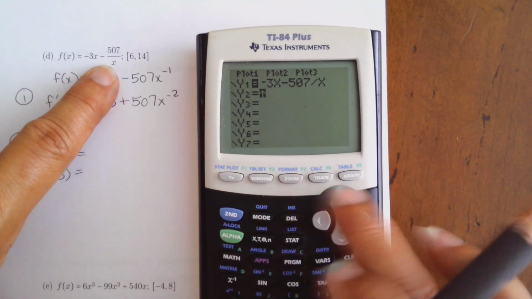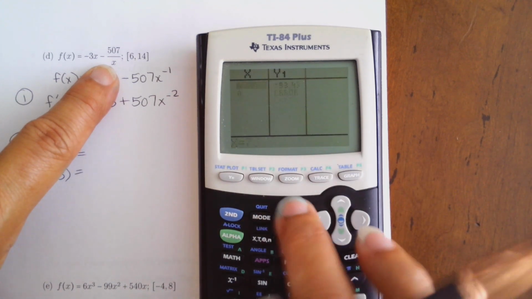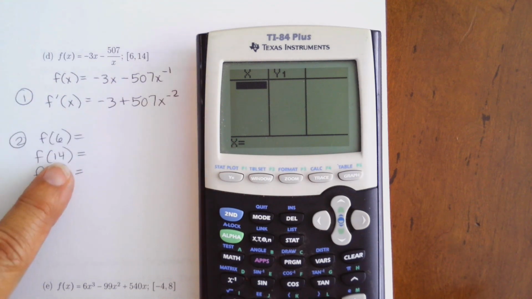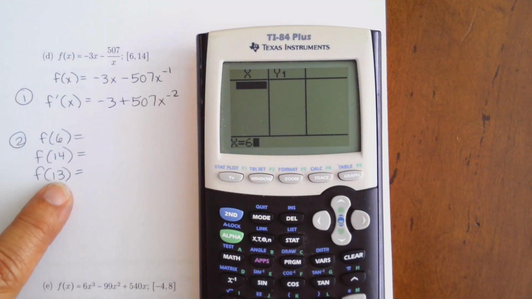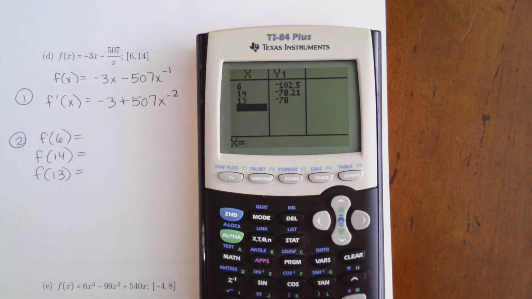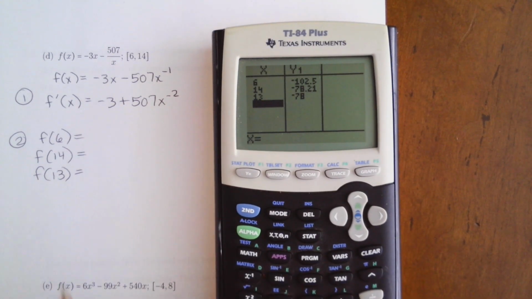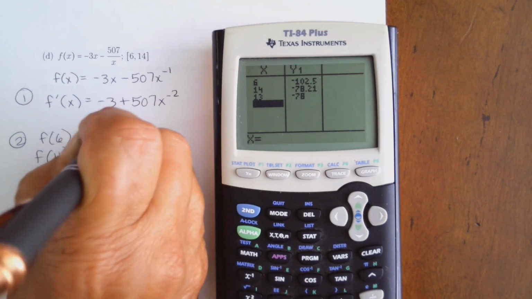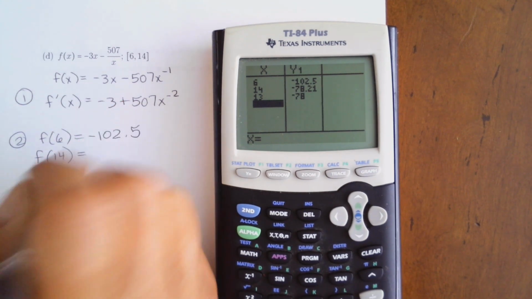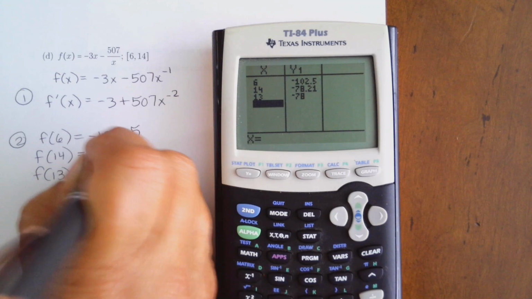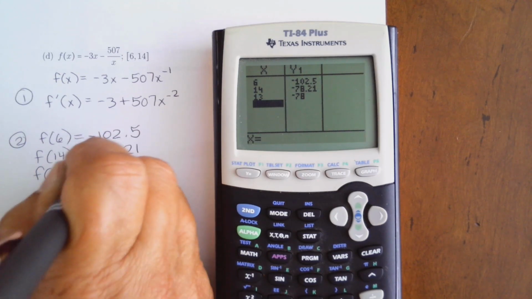All right, we're going to go to the table, delete out the old numbers, and put in the new numbers, 6, 14, 13. All right, so we got negative 102.5. We got negative 78.21 and negative 78.